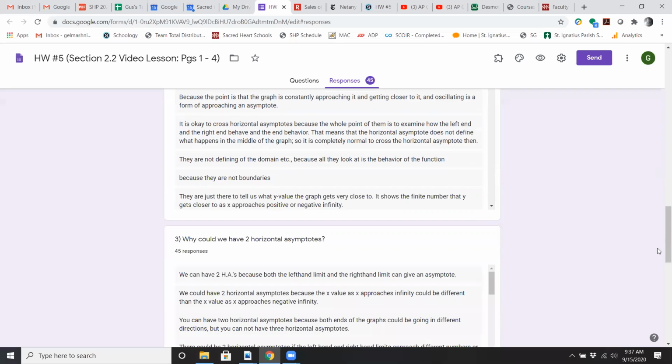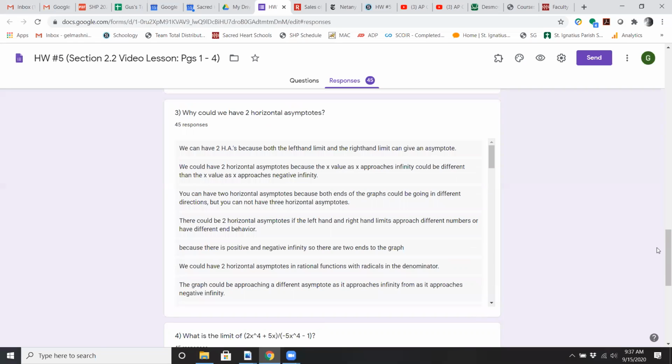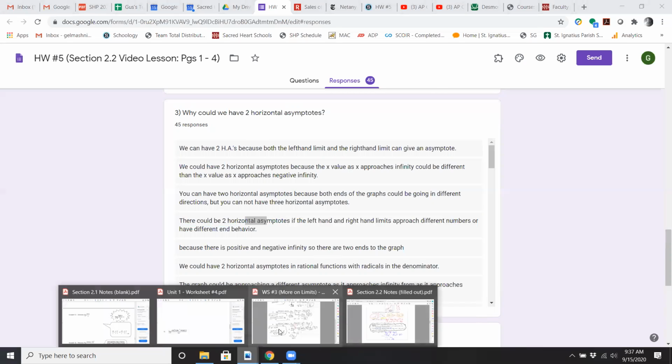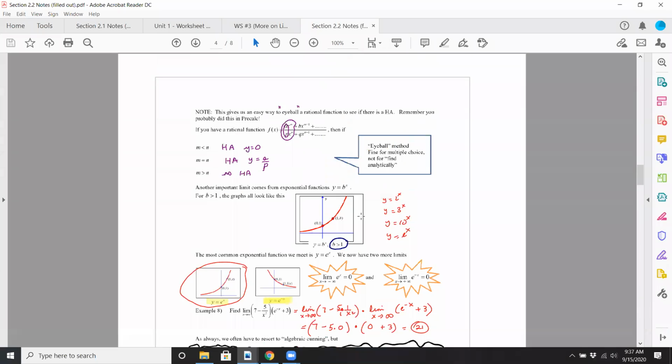Yep, perfect. Why can we have 2 horizontal asymptotes? And by the way, we're going to get into vertical asymptotes in the second half of these notes. If the left and right hand limits approach different numbers, then you have different end behavior. This is a great response right here. They're positive and negative infinity, so 2 ends of the graph. Yeah, sometimes, I mean, most of the time, the left and right ends will be approaching the same number, but it could be approaching different numbers, as we saw over here.